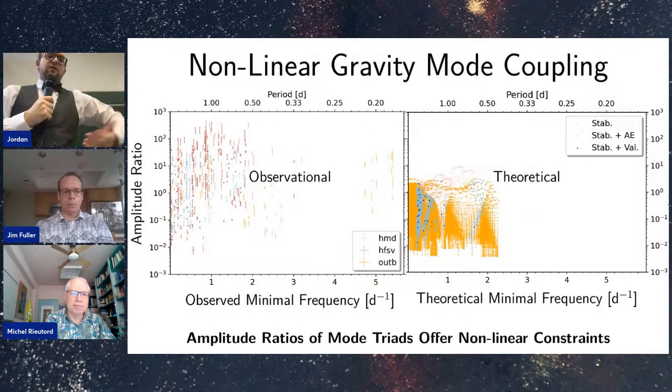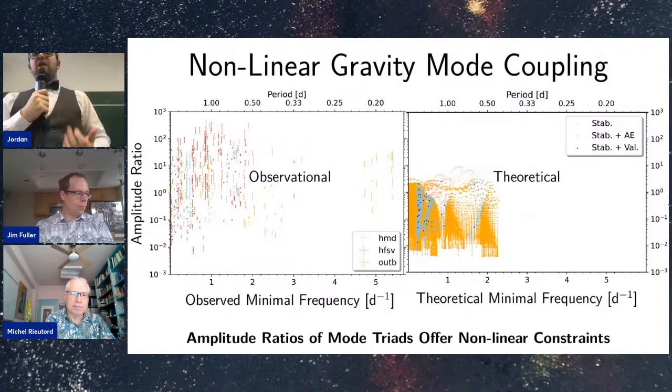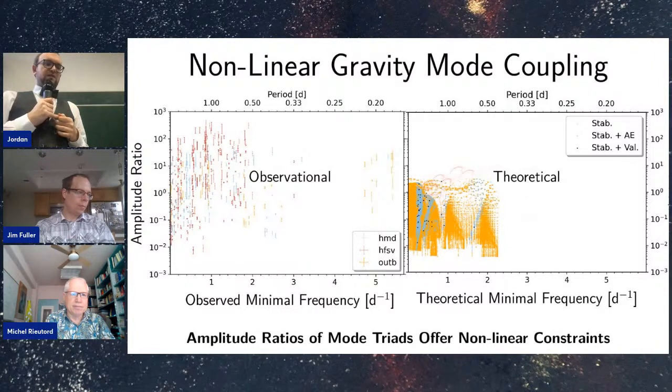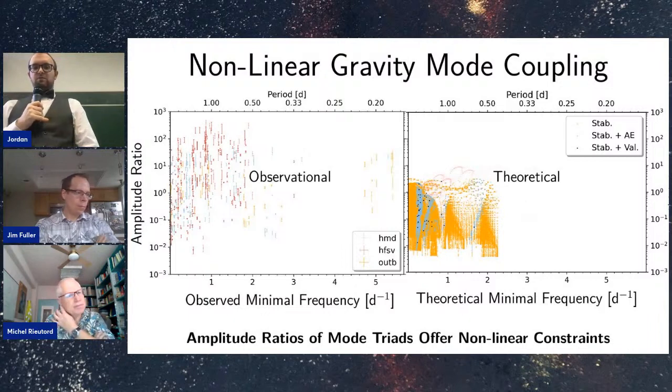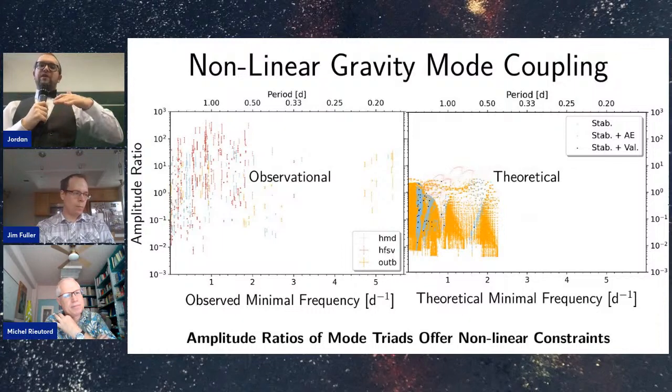So it's how fast your mode is driven and how fast your mode is damped. And so these ratios can be written as ratios of these specific mode driving and damping rates, as well as the mode frequencies.